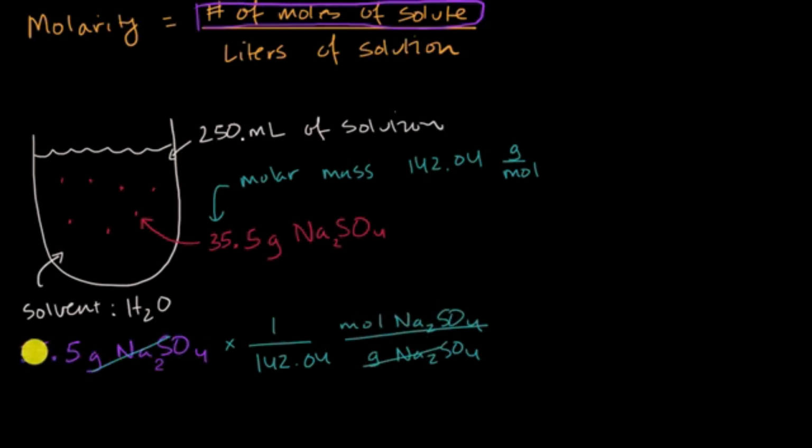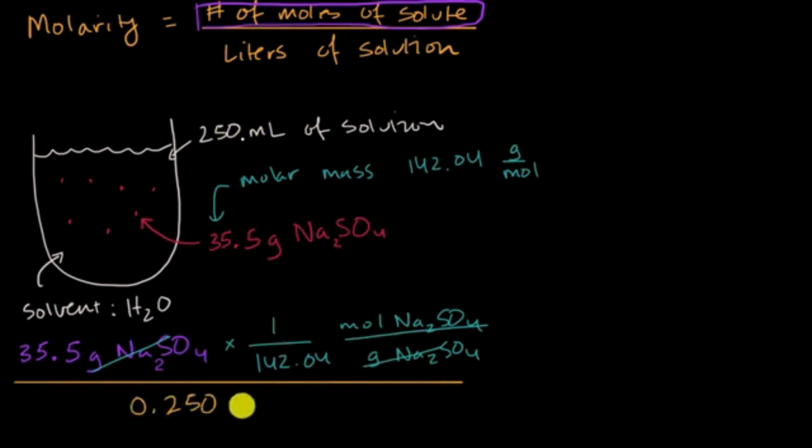So we'll get a calculator out in a second and just take 35.5 and divide that by 142.04. And then to figure out molarity, we want to divide by the liters of solution. So up here we have a calculation for number of moles, and then the liters of solution, 250 milliliters, is the same thing as 0.250 liters of our solution.